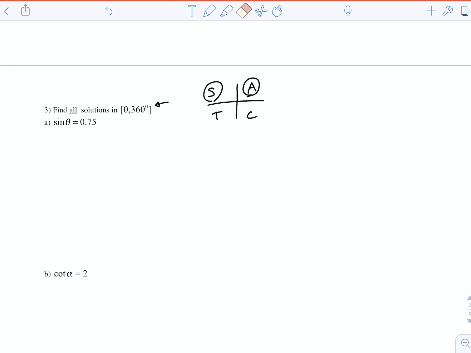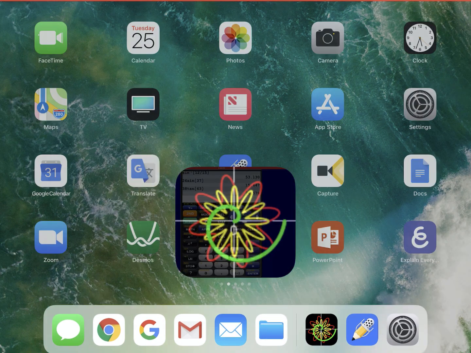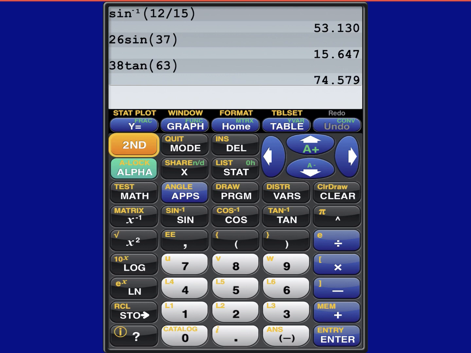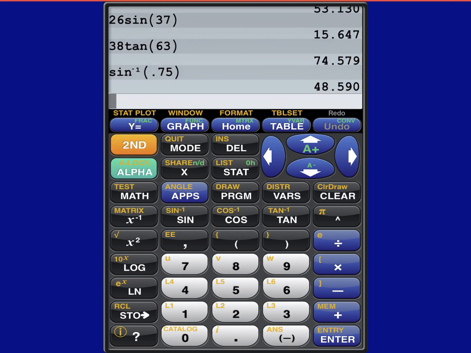So going back to this equation right here, in order to solve for theta, take sine inverse of both sides. The calculator usually tries to give you the smallest answer, so it's going to give us the answer in quadrant 1. So what is sine inverse of 0.75? Sine inverse of 0.75 is 48.59 degrees.